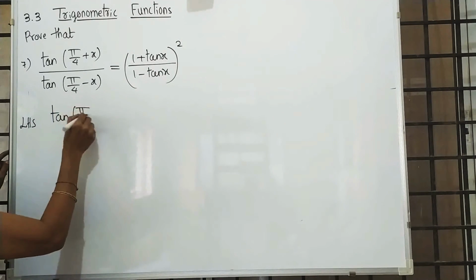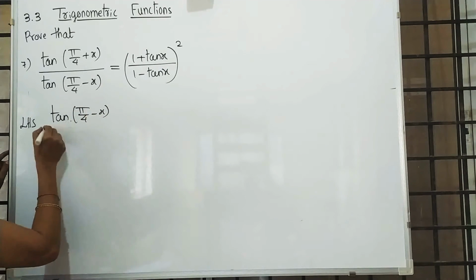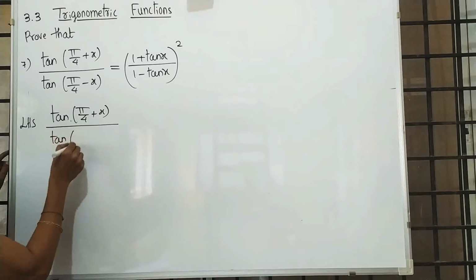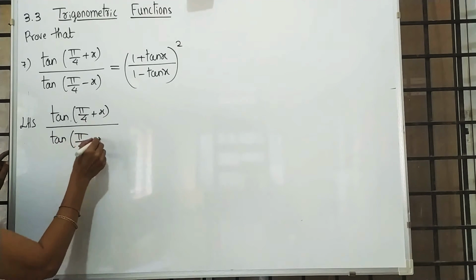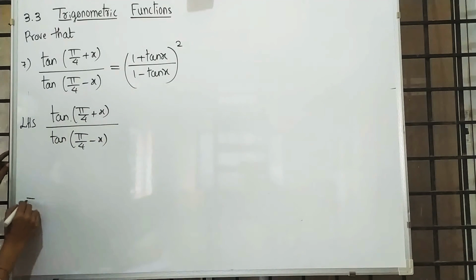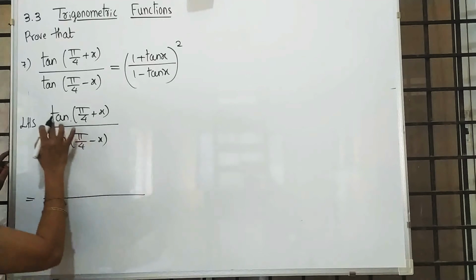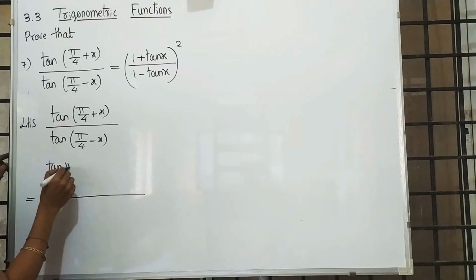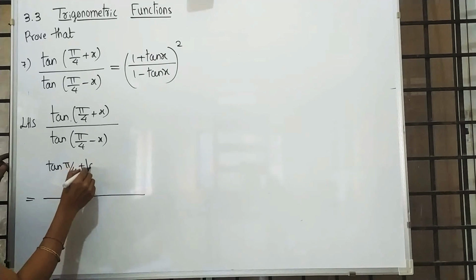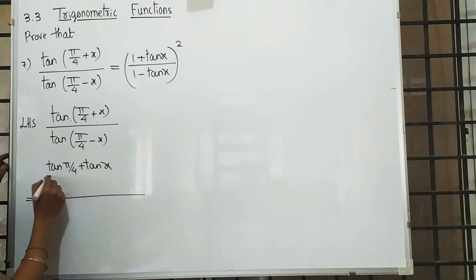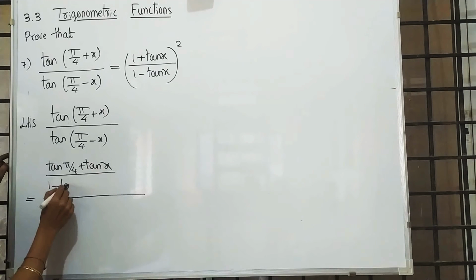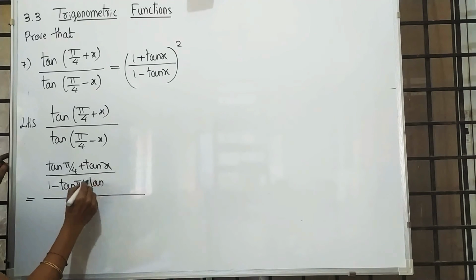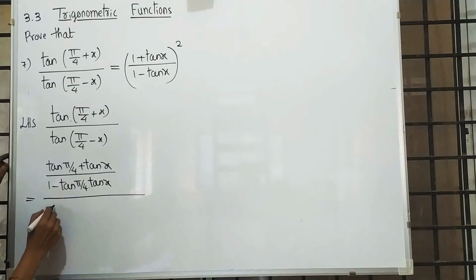Tan pi by 4 minus x upon tan pi by 4 plus x upon tan pi by 4 minus x. Please refer to that formula list. It is in the form of tan x plus y, that is tan pi by 4 plus tan x upon 1 minus tan pi by 4 into tan x, and write down the denominator.